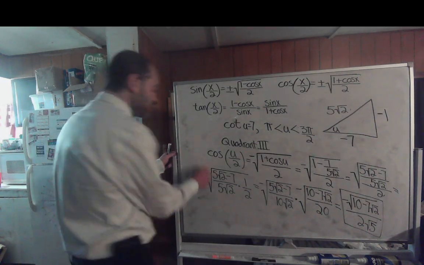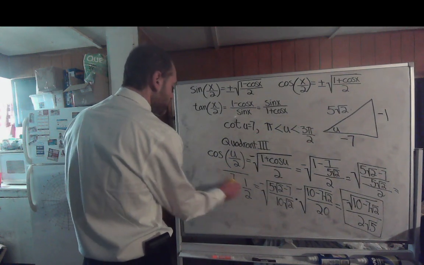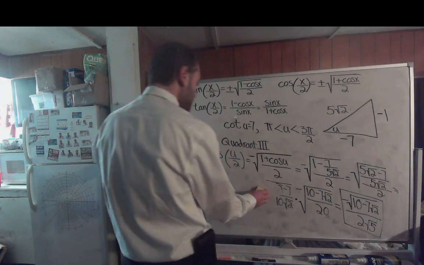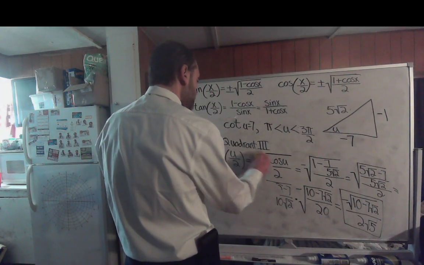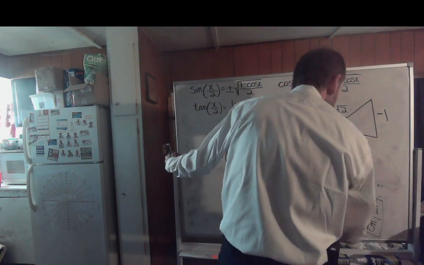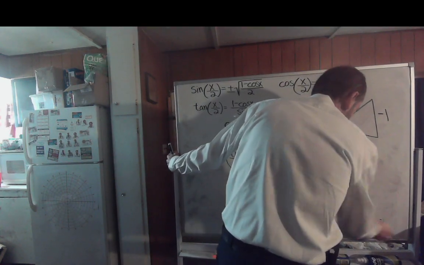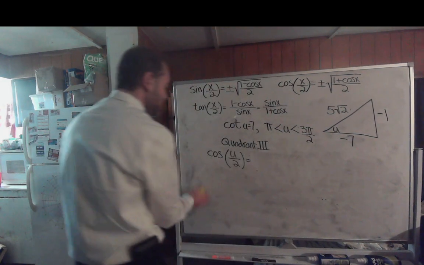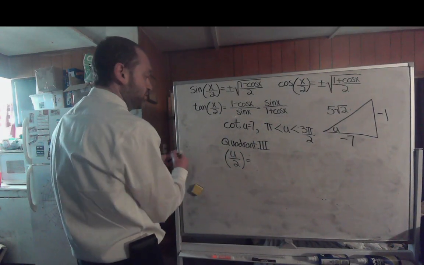And of course, we're going to find the tangent of u over 2. Tangent, in my opinion, is a little more friendly to work with than the other two, but let's take the tangent of u over 2.